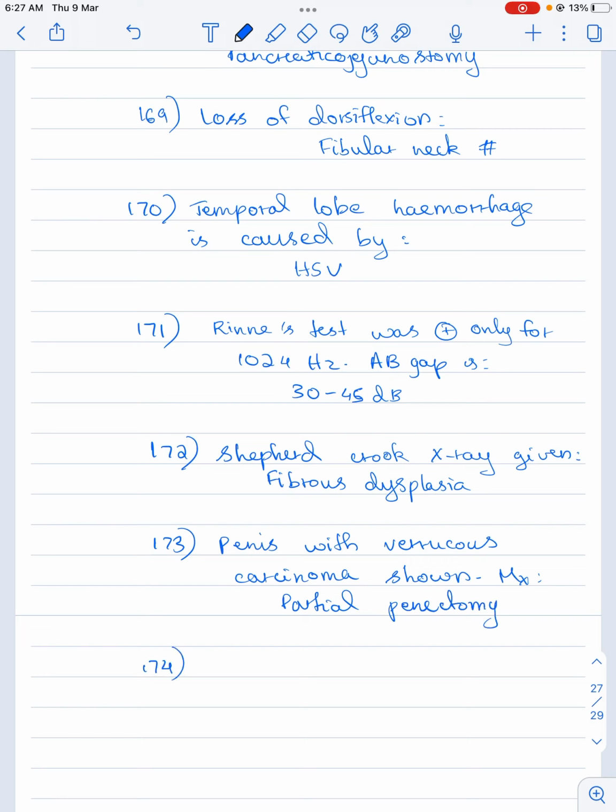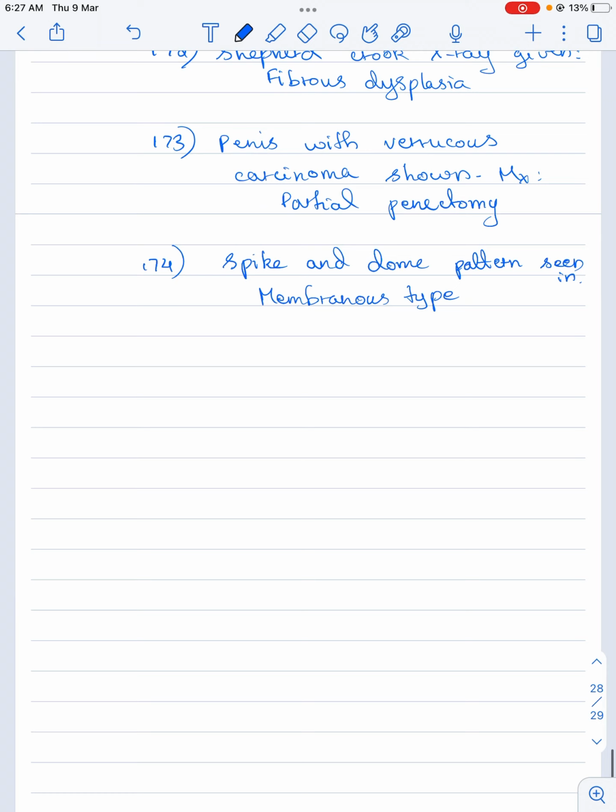Next question. Spike and dome pattern seen in membranous type. Next question.